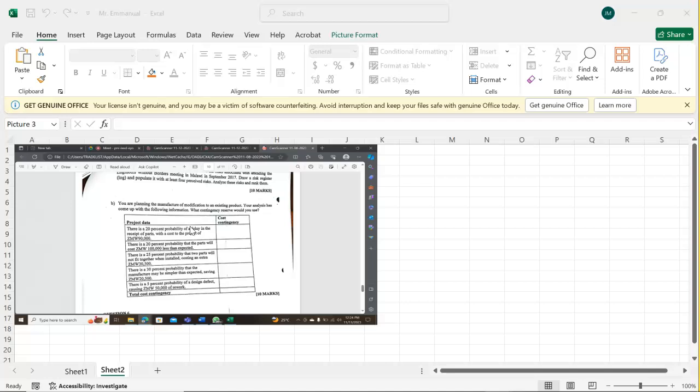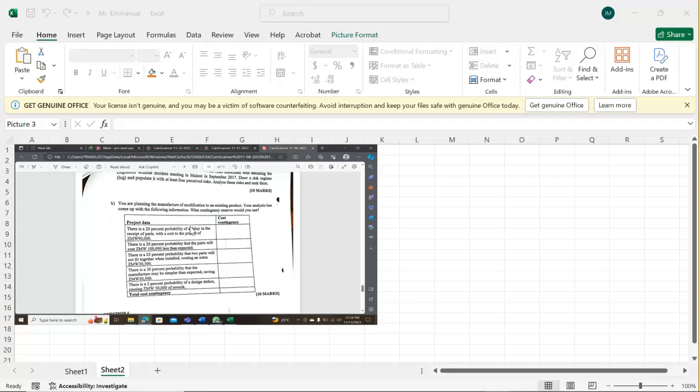In project management, contingency theory refers to the practice of setting aside a portion of the project budget or resources to mitigate potential risks or uncertainties. So you're setting a certain amount aside so that you can mitigate risks.